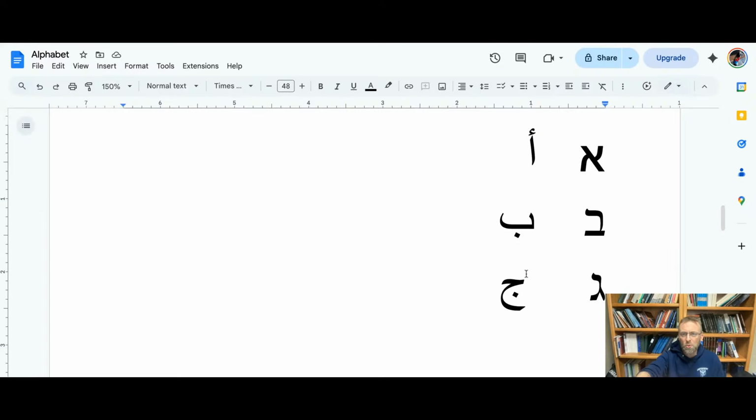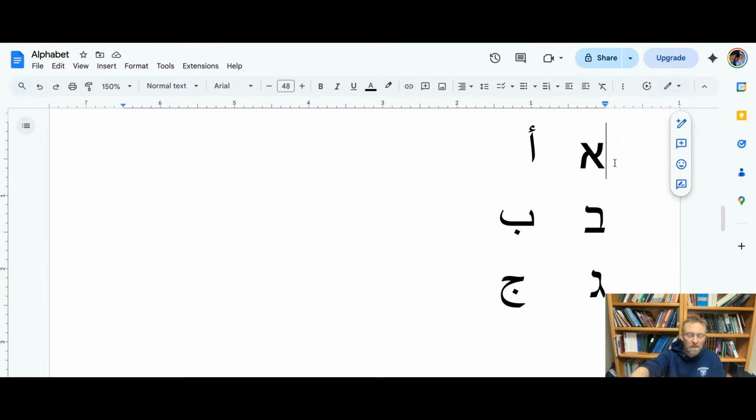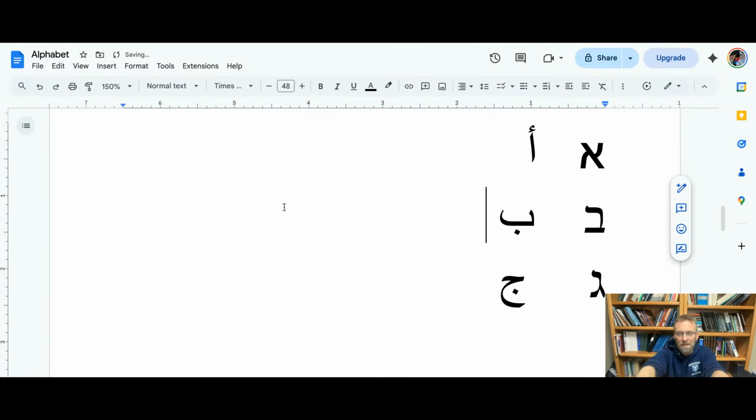So let's just do one more for tonight. We've got the Hebrew aleph, bet, gimel. We said aleph is technically a silent letter in modern pronunciation. Bet can be B or V, depending on the context. And we saw in the word av that it's silent.